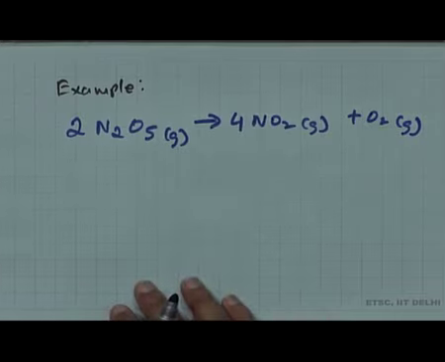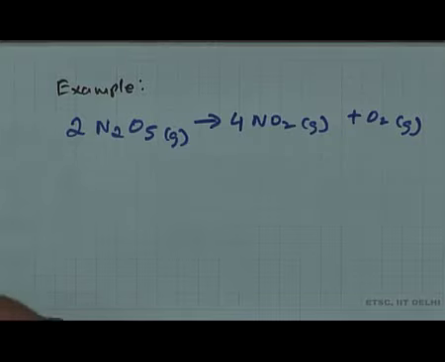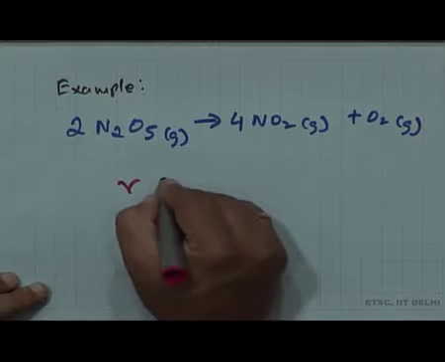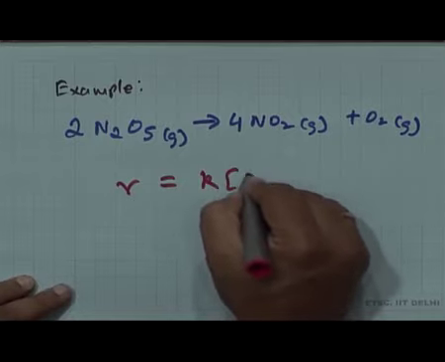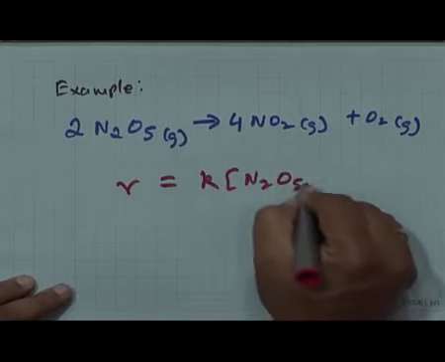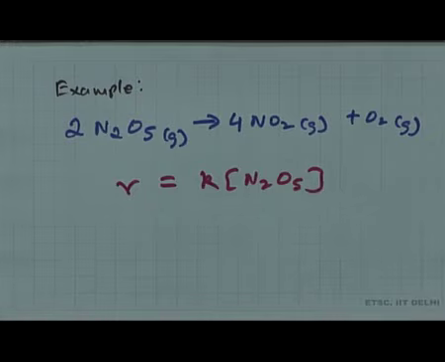Now, the experimentally determined rate law for this one goes like this: R is equal to K times N2O5.